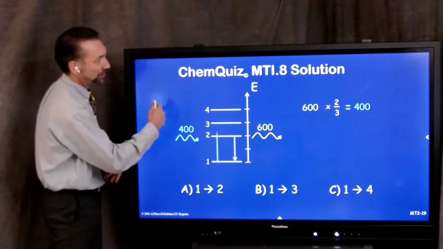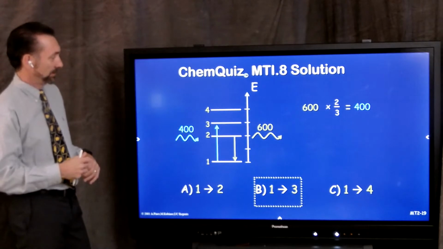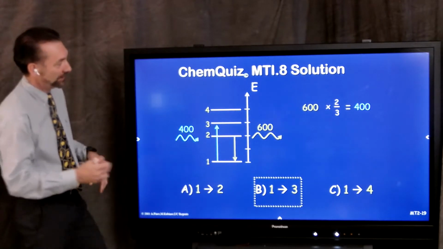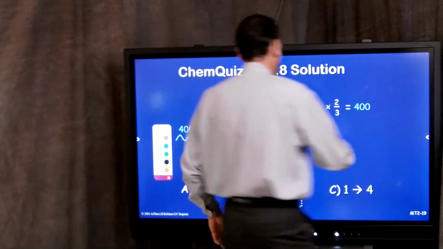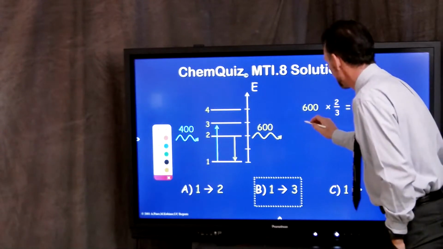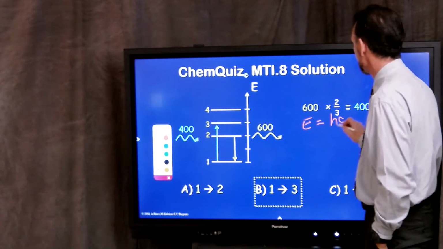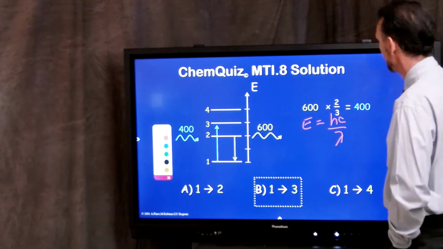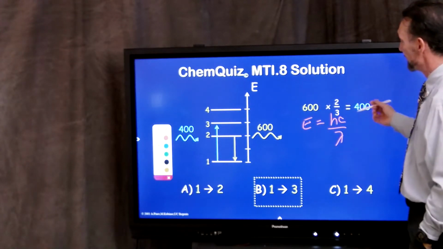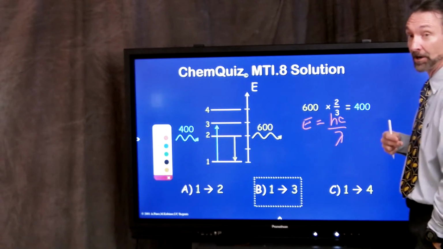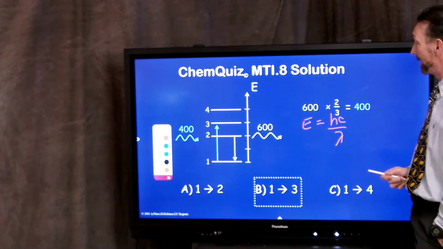The energies of the various photons are hc over lambda. So the ratio of their wavelengths is the inverse of the ratio of their energies.